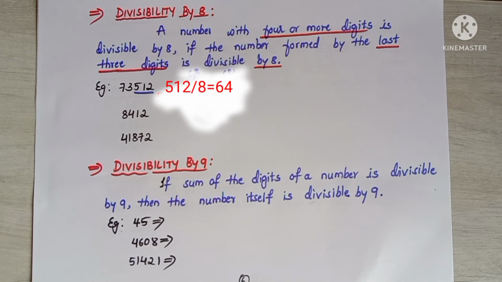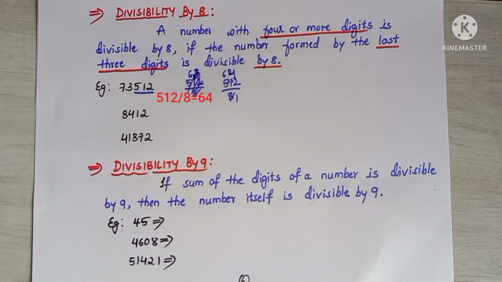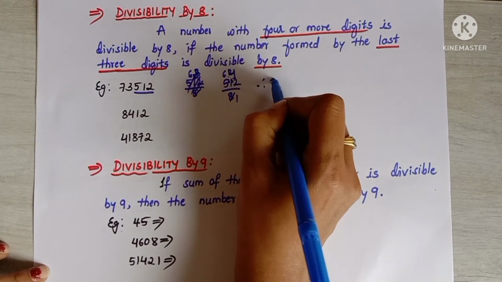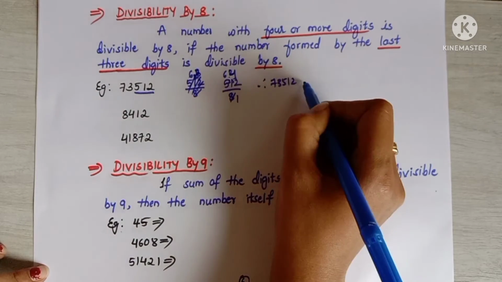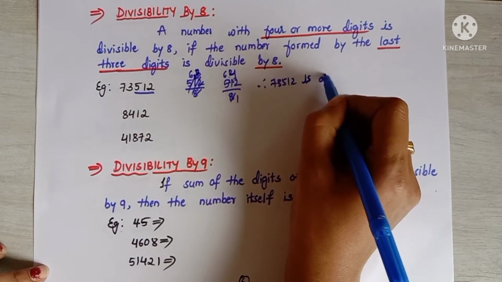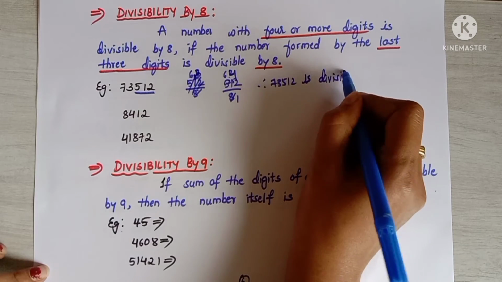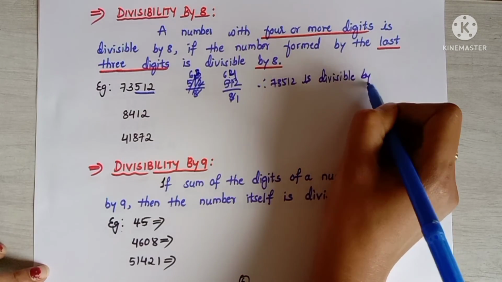Here 512 is divisible by 8. Therefore, we can say that the whole number 73512 is also divisible by 8.